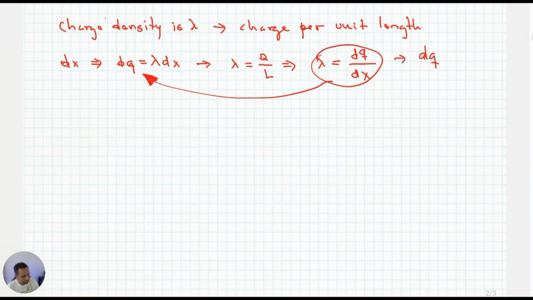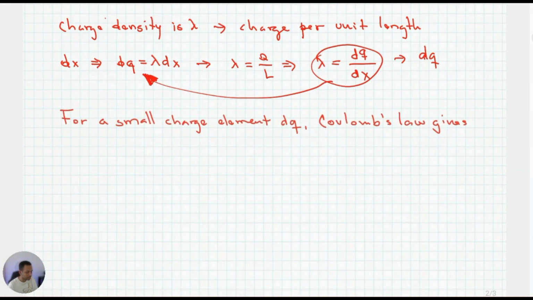For a small charge element dq, Coulomb's law gives E equal to 1 over 4 pi epsilon 0, dq over r squared, along the r direction.